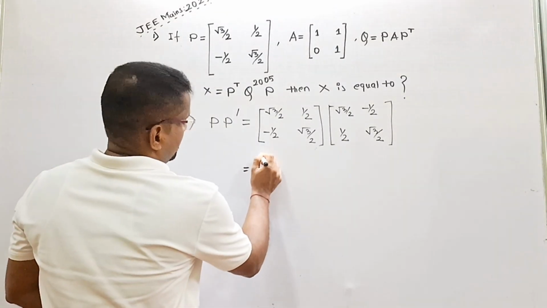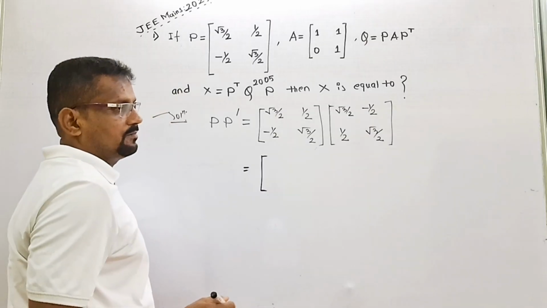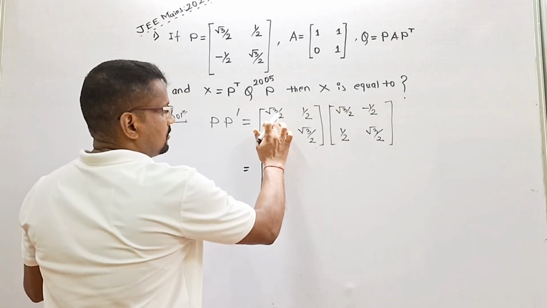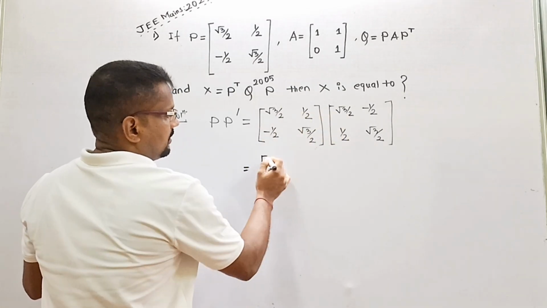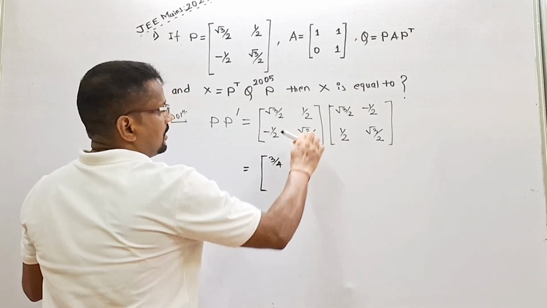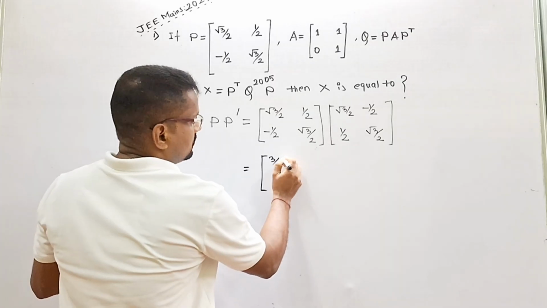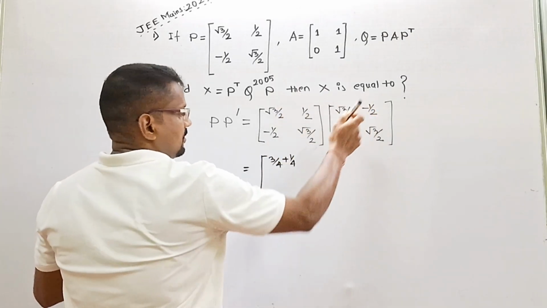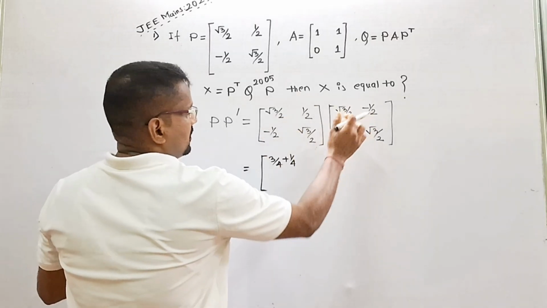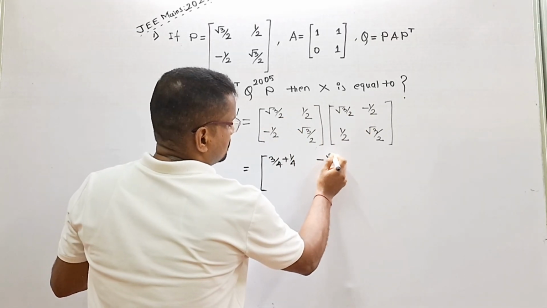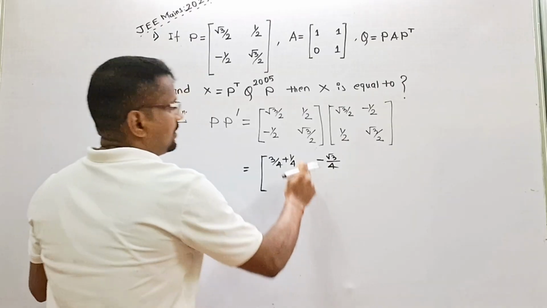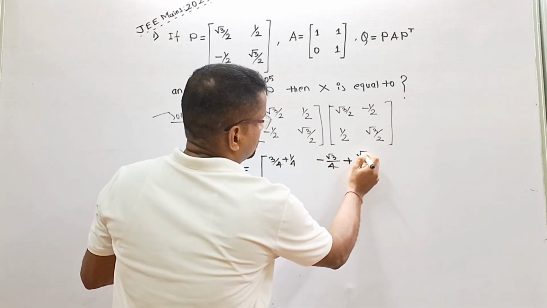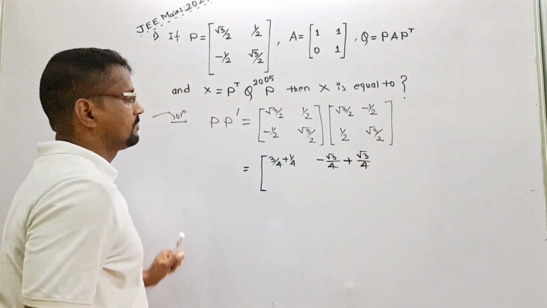Now simply multiply, matrix multiplication is known to us. First row, first column: root 3 by 2 into root 3 by 2 will be 3 by 4, then 1 by 2 multiplied by 1 by 2 will be plus 1 by 4. Then first row with second column: root 3 by 2 into negative half is minus root 3 by 4, and 1 by 2 with root 3 by 2 is plus root 3 by 4.